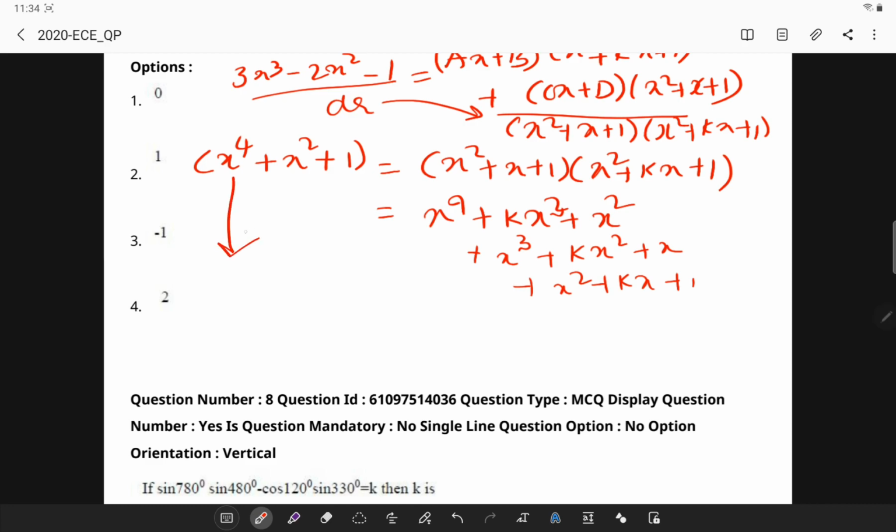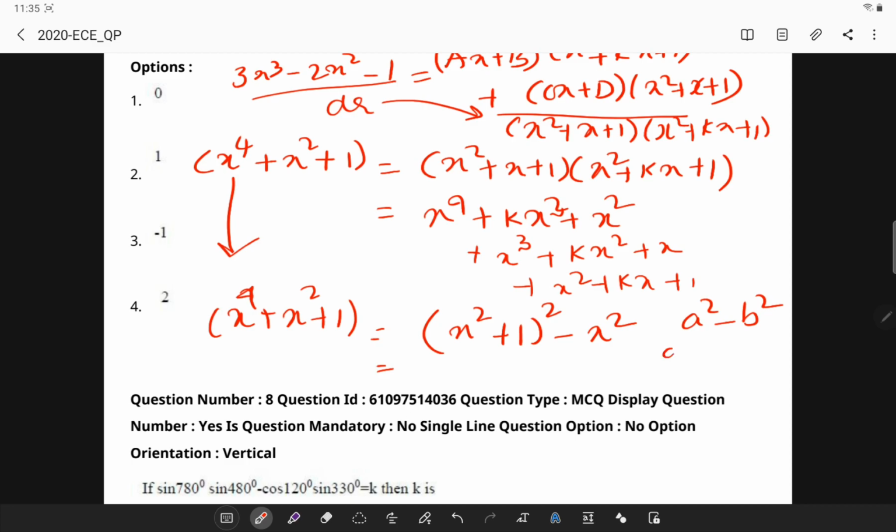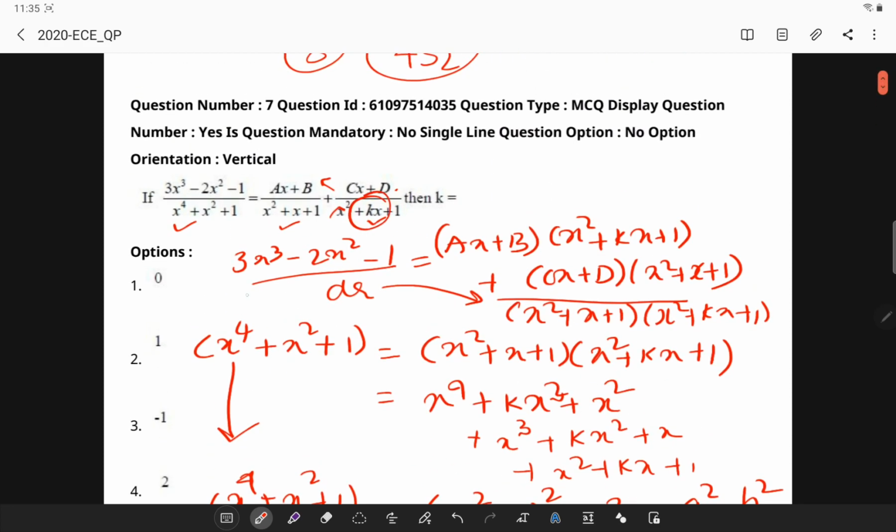I can simply write x power 4 plus x square plus 1 as (x square plus 1) whole square minus x square, which is in the form of a square minus b square. So I can write it as (a plus b) into (a minus b): (x square plus 1 plus x) into (x square plus 1 minus x). If you observe this, you can get the value of k as minus 1.